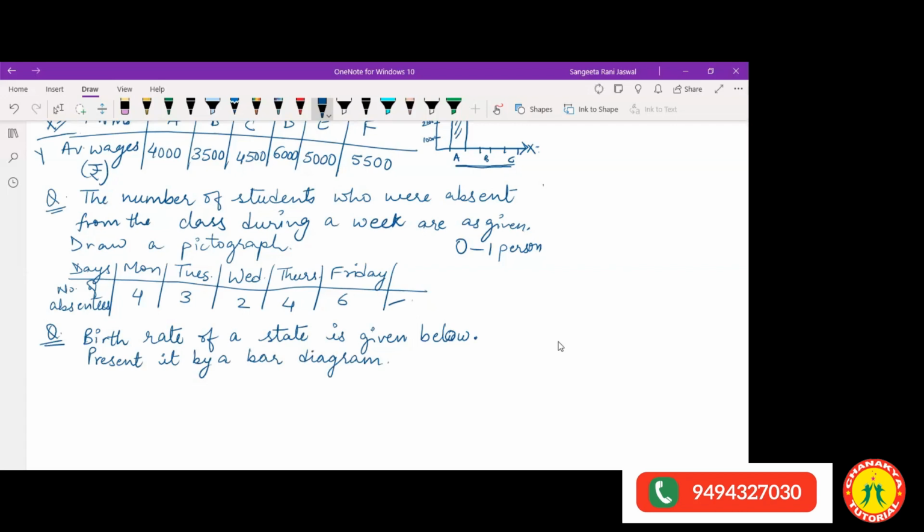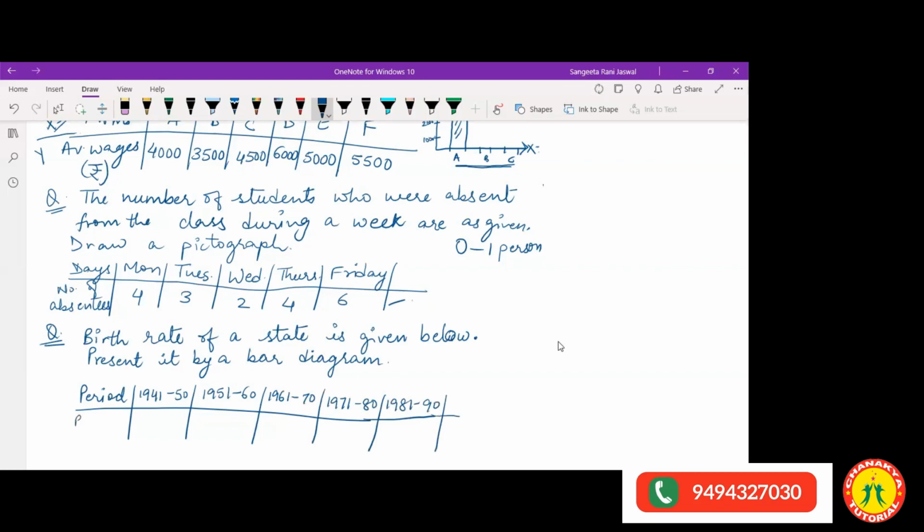Okay, the birth rate of the state is given below, presented by a bar graph. From which year to which year is the birth rate given? So that is 1941 to 50, then 1951 to 60, 1961 to 70, 1971 to 80, 1981 to 90.